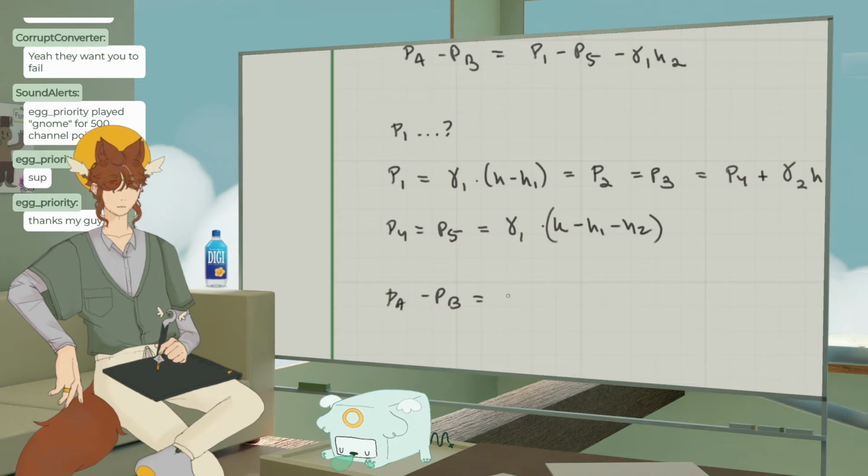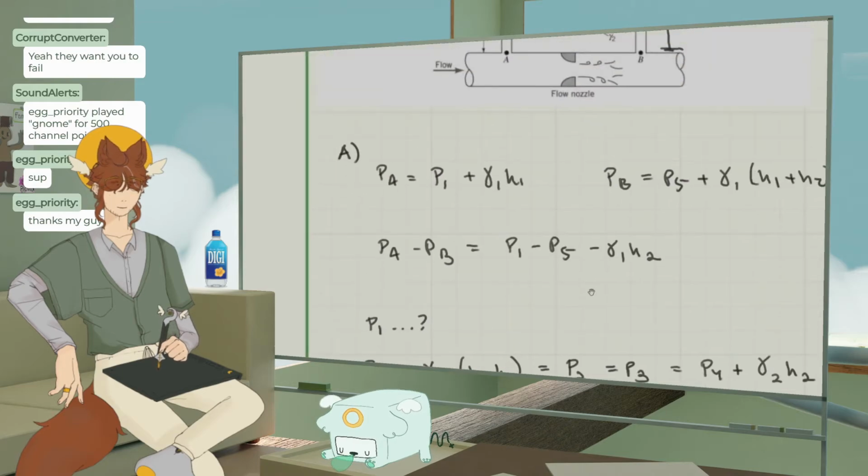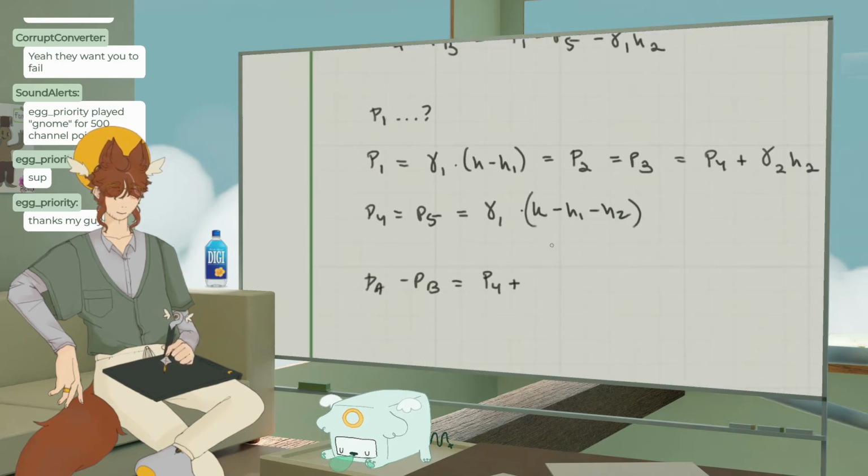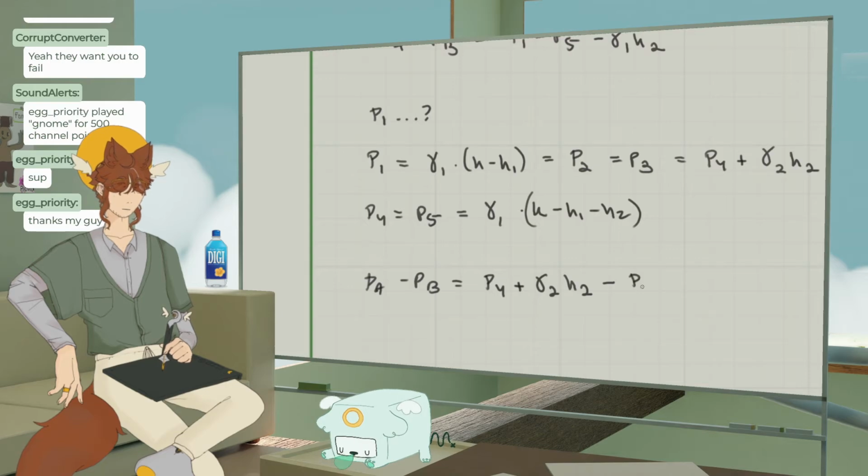So if I say this, P4 plus... Oh yeah. Wait, what? I think I goofed somewhere. So P1 equals this, so P4 plus gamma 2 h2 minus P5 equals P4. I don't think it's that.